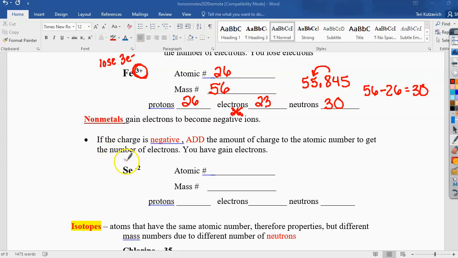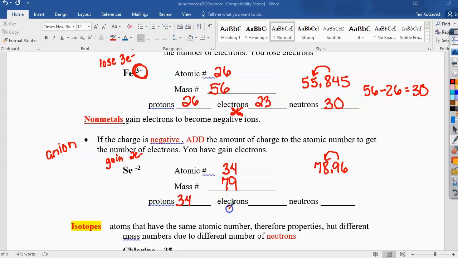This is an anion. It's a negative charge. That -2 means that you gained 2 electrons. So find selenium on the periodic table, and the atomic number is 34. So we can also fill in the protons of 34. 78.96 is the atomic mass, but this rounds up to 79 for the mass number.